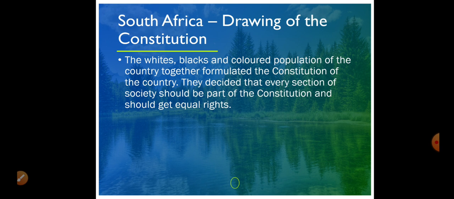They decided that every section of society should be part of the constitution and should get equal rights. It means now they agreed to give equal power at every level to all without any discrimination.